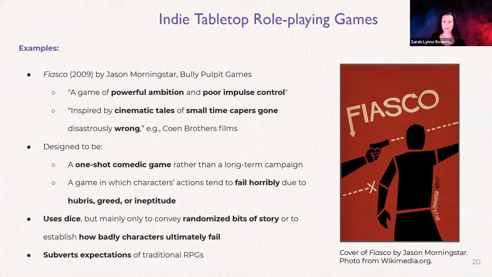And he describes this game as a game of powerful ambition and poor impulse control. So people who really want to do things that are powerful, but they aren't very good at controlling their impulses. So that means that they're likely to fail. And he was inspired by cinematic tales of small-time capers gone disastrously wrong. So for example, Coen Brothers films figure heavily, like Fargo.